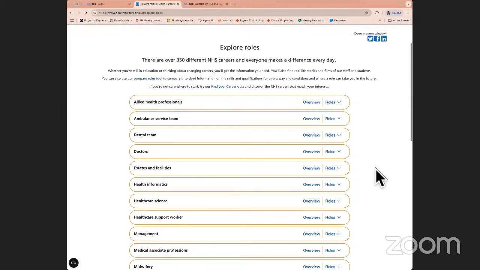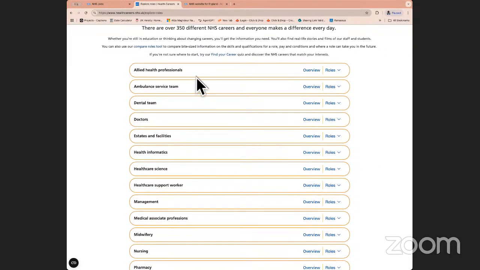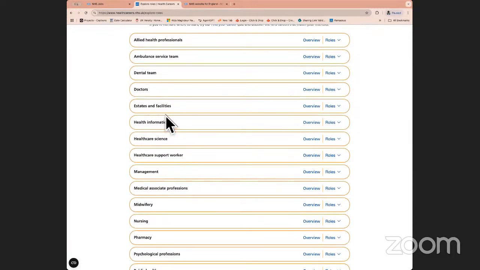There are lots of specialisms listed here. You have allied healthcare professionals, the A&E team, dental teams, doctors, estates and facilities. We have a large number of hospitals, and different types of specialist facilities, so they need to be managed and maintained.